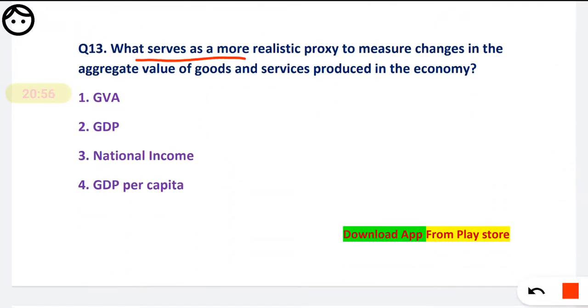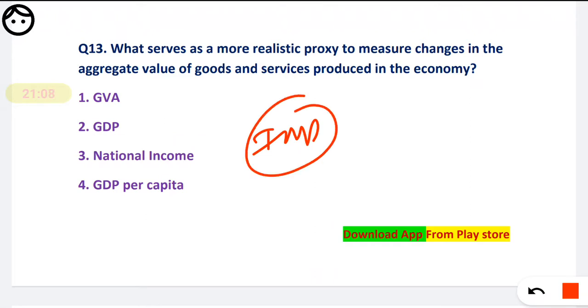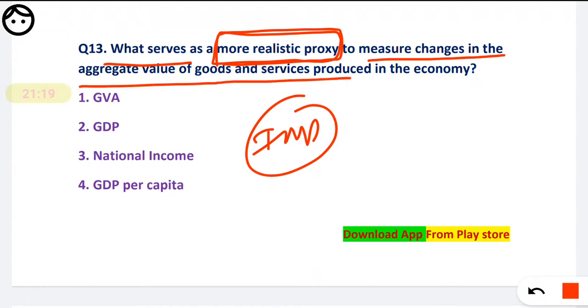What serves as a more realistic proxy to measure changes in the aggregate value of goods and services produced in the country? This is very, very important, the most important. They are asking which of the following is more realistic.